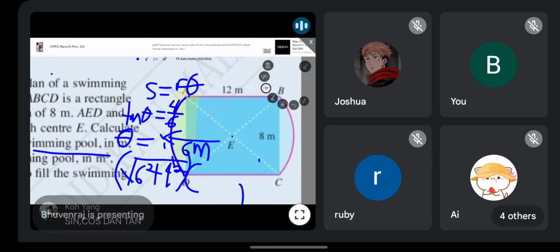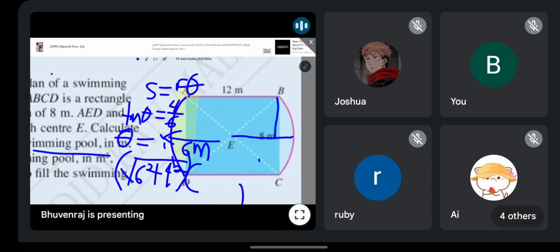Yes, actually can lah. Tapi, based on tahap kesenangan lah. Which one is the easiest? This one you got 6 meter. This one you got 4 meter. So that is why tangent paling senang lah untuk dapat sudut ni.